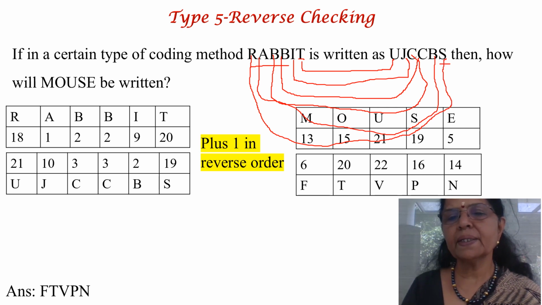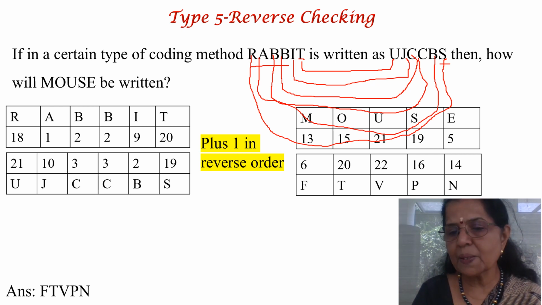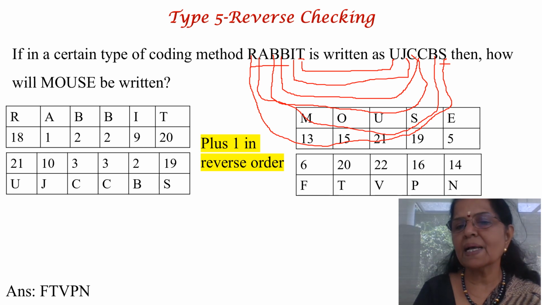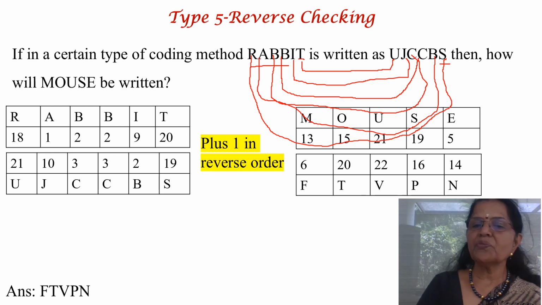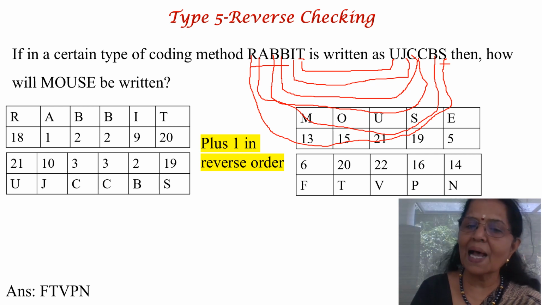See, can you see the pattern? R is written as, yes, the next letter, RST, and A is written as B, ABC, and B is written as C. Again, B is written as C, the next letter, and I is written as J, IJKL, J, and T is written as U. So here we are not checking the first letter with the first letter, but we are checking the first letter with the last one and the last one with the first letter.